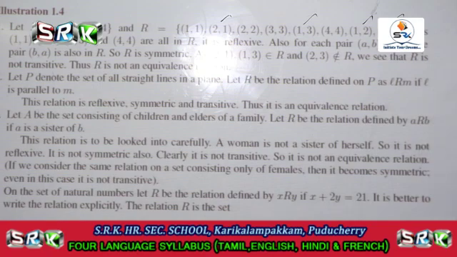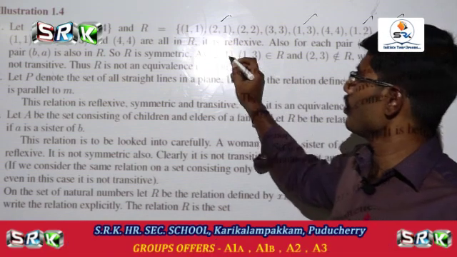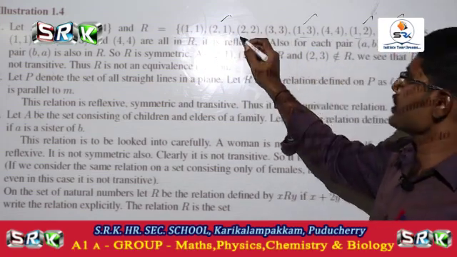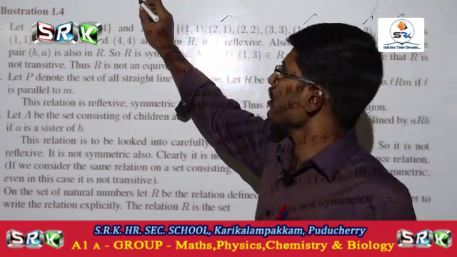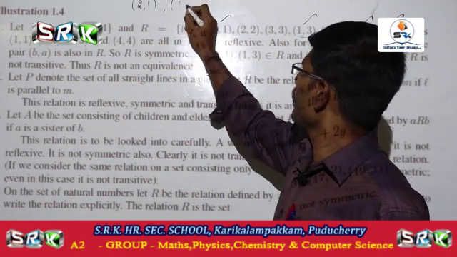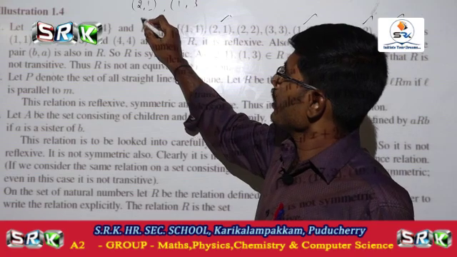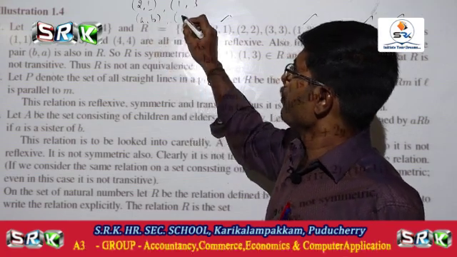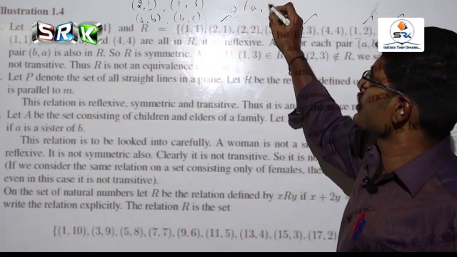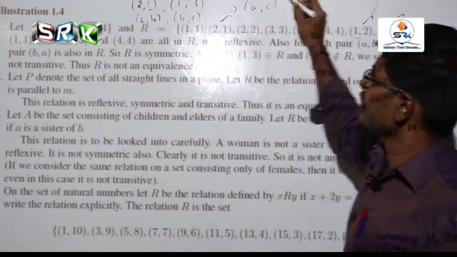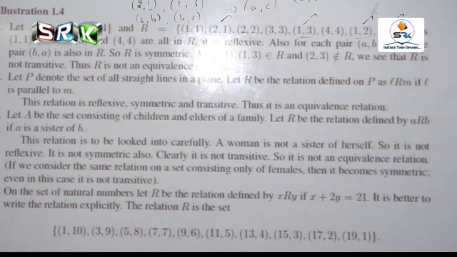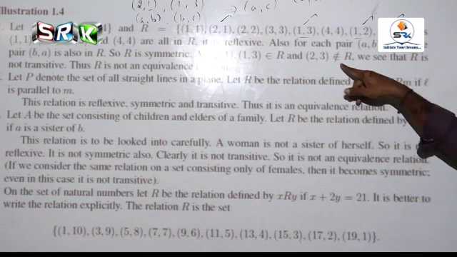The symmetric property is true. Now consider the non-transitive part. We take (2,1) and (1,3). Considering (a, b) and (b, c), it should imply (a, c). Here a is 2 and c is 3, so (2,3). In this relation, (2,3) is not present. Therefore (2,3) does not belong to R.